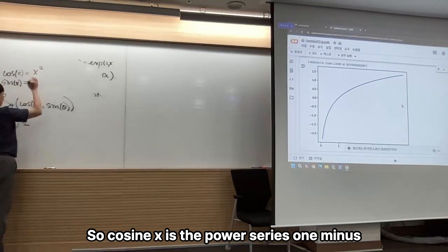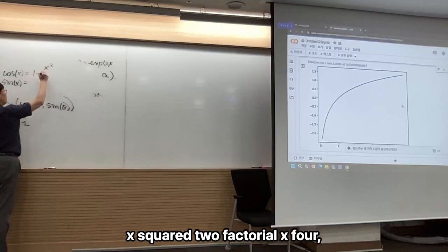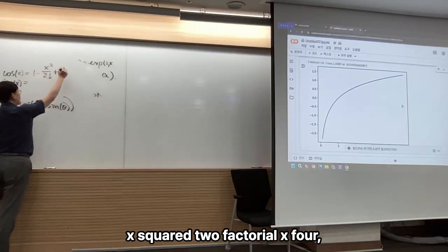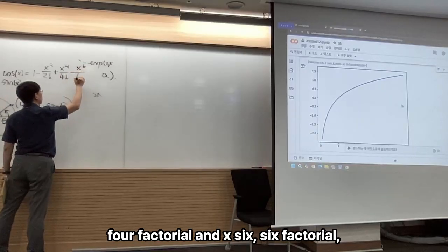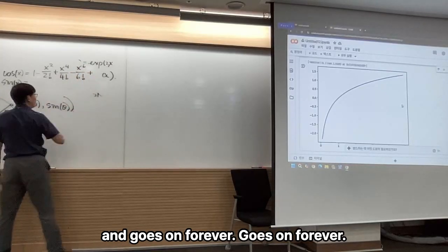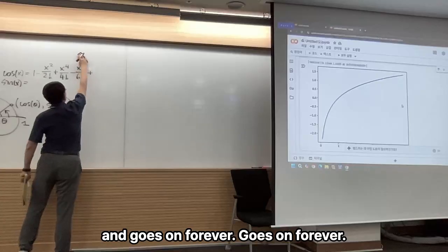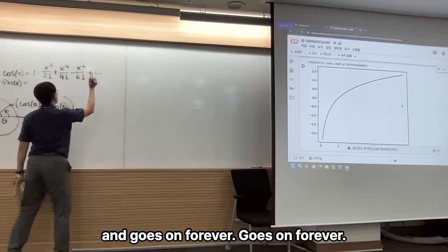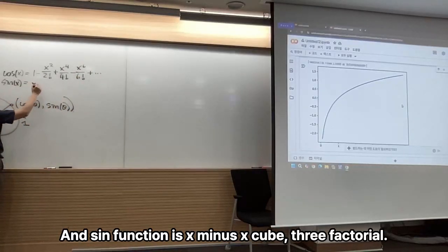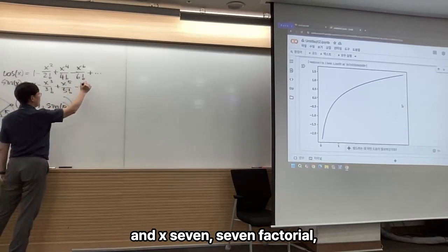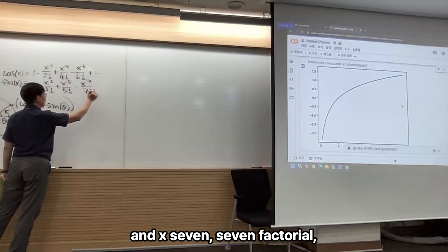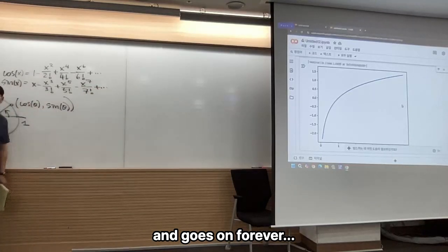Cosine x is the power series 1 minus x squared over 2 factorial, plus x to the 4 over 4 factorial, minus x to the 6 over 6 factorial, and it goes on forever. And the sine function is x minus x cubed over 3 factorial, plus x to the fifth over 5 factorial, minus x to the 7 over 7 factorial, and it goes on forever.